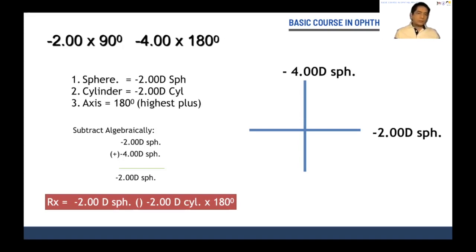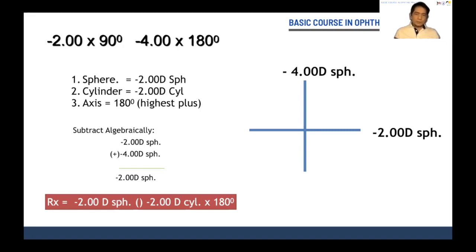If it says axis 180, that is the flat meridian or no power. So the power of the minus 4 is actually at the vertical meridian. So you will write it in the vertical line of the power cross.